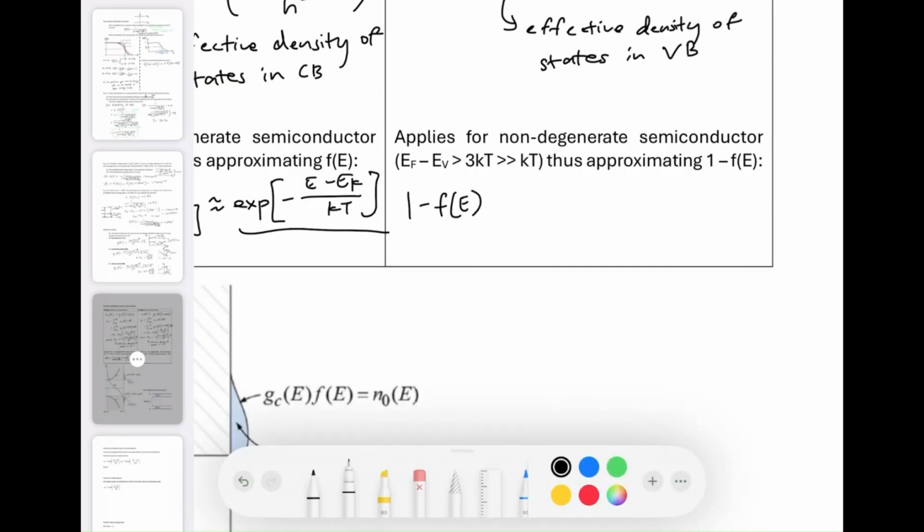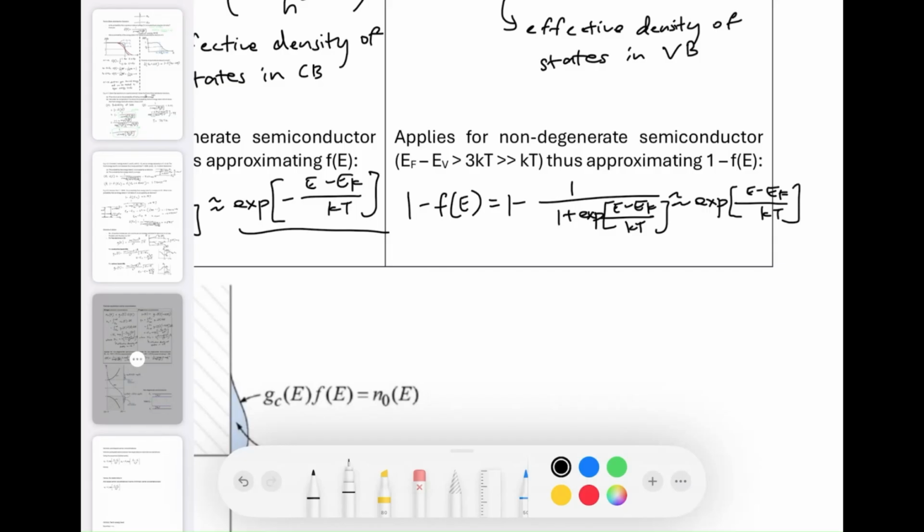So 1 minus FE is equal to 1 minus this thing, which is approximated into exponential of E minus EF over kT.